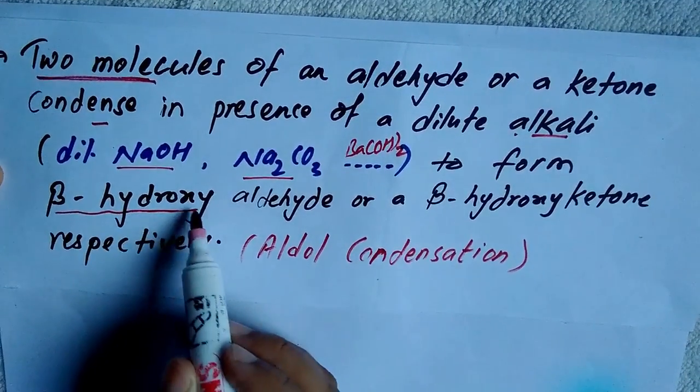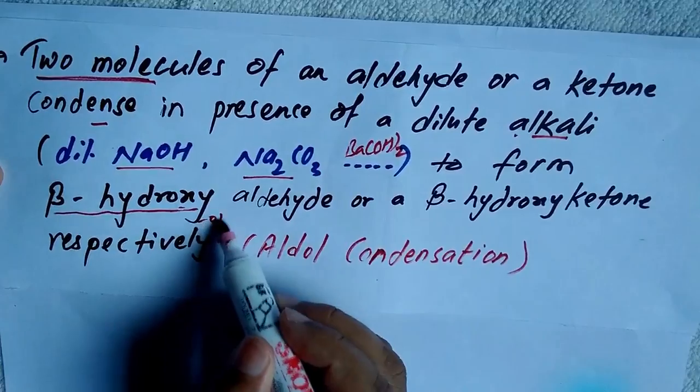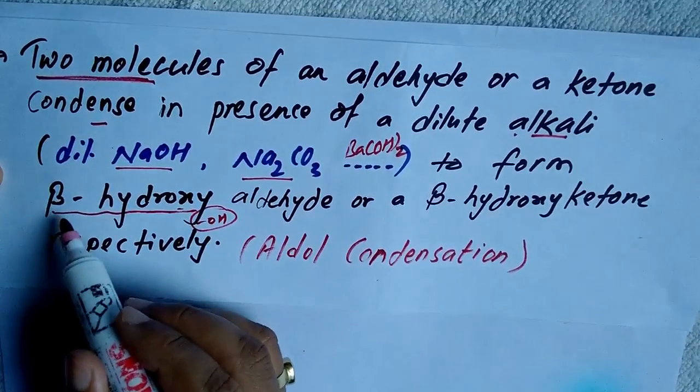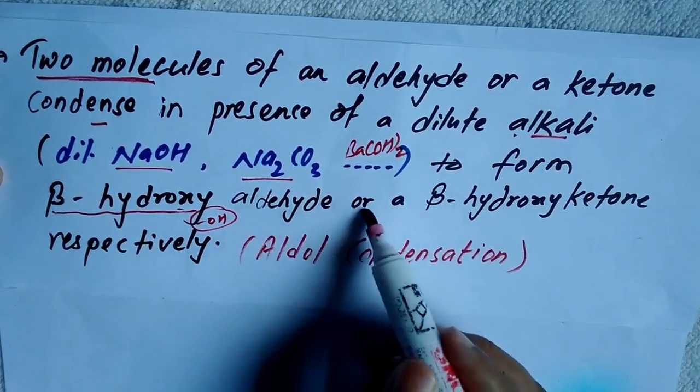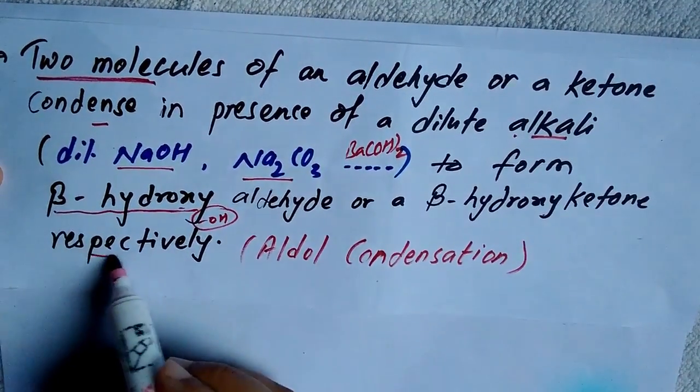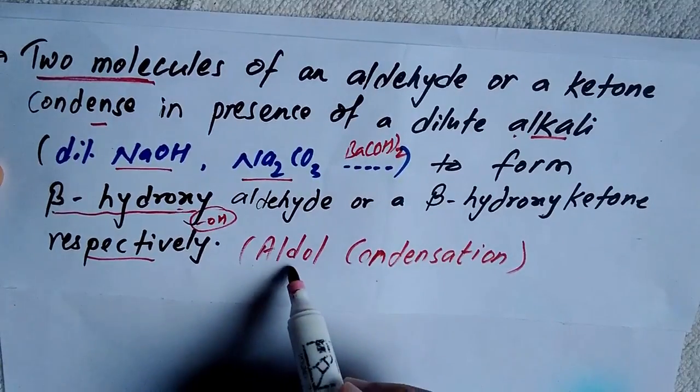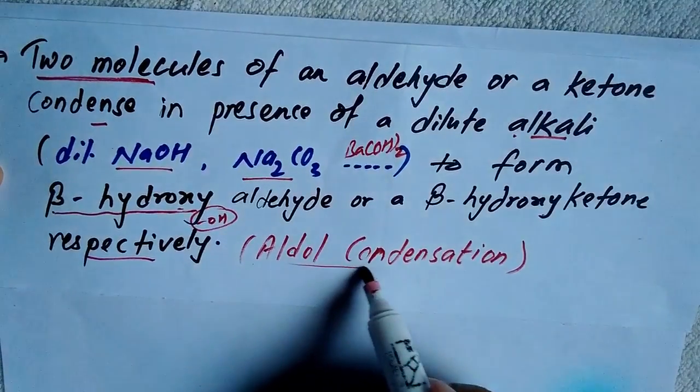Hydroxy means OH, in the beta position; we know the alpha, beta, gamma positions. So it forms a beta hydroxy aldehyde or beta hydroxy ketone respectively. This reaction is called aldol condensation.